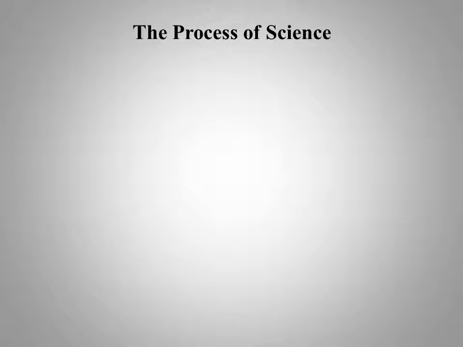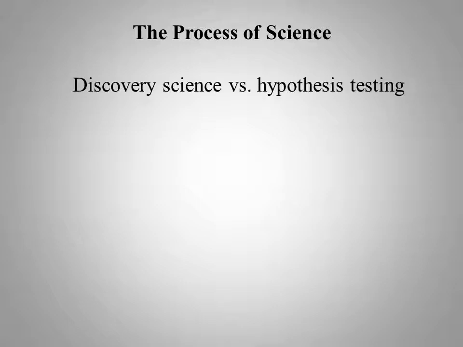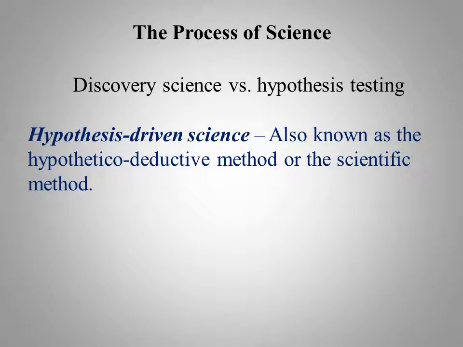In this chapter, we are highlighting hypothesis-driven science as opposed to discovery-based science. In discovery-based science, we are answering the question of what, such as what new medicines can be found in the rainforest, or what types of bacteria inhabit contaminated groundwater. Hypothesis-driven science, on the other hand, answers how or why.